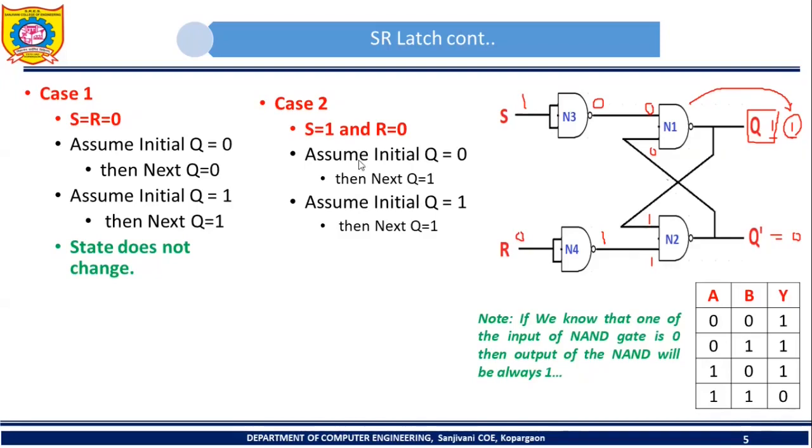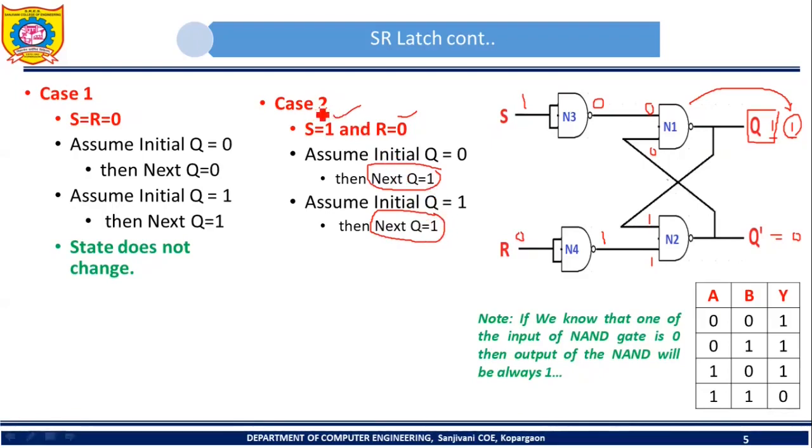Now observe this case number 2. What conclusion can we make regarding case number 2? Here S is 1, R is 0. What is the next state that we are getting? Here we are getting the next state of the SR latch as 1.